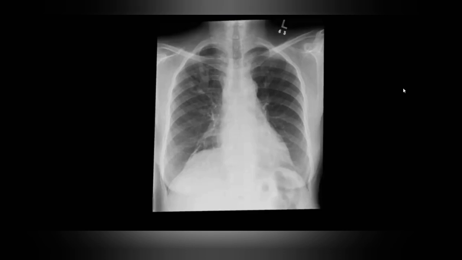The hilum appears to be unremarkable, and the heart shadow is also normal. Looking at the domes of the diaphragm, they appear to be normal, and CP angles are acute. Maybe some linear atelectasis, which is not important. Yes, noted in the right lower zone. The visualized ribs also appear to be unremarkable.